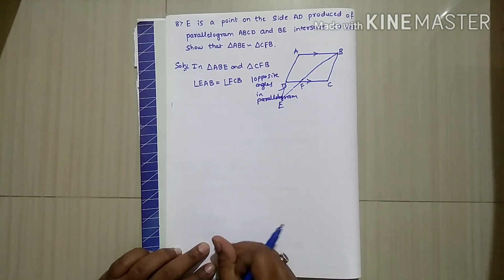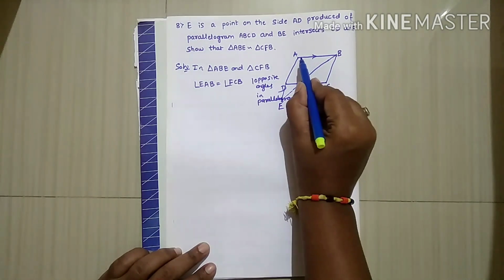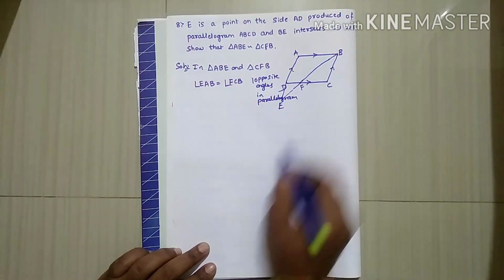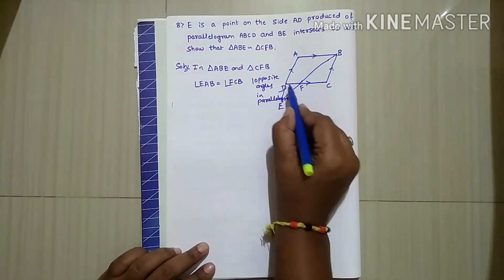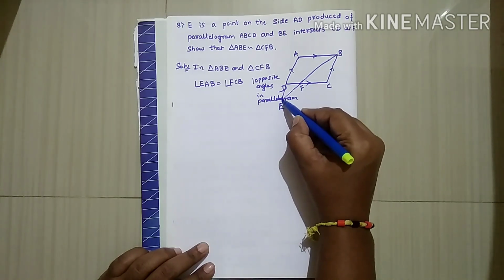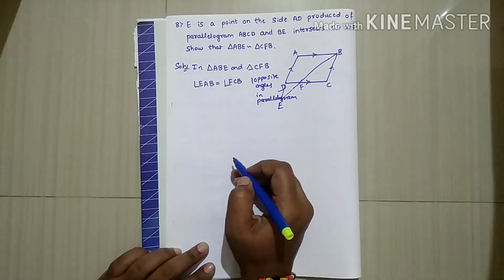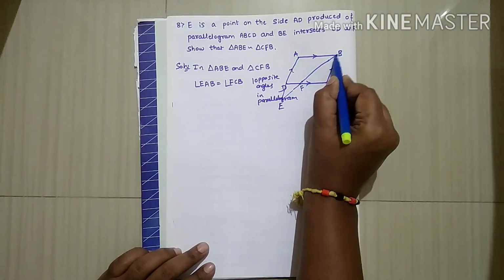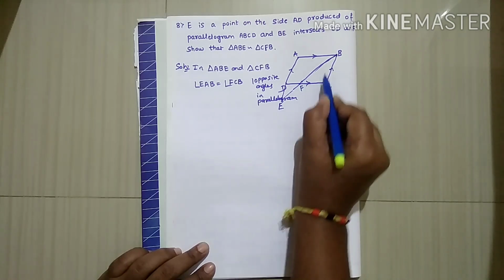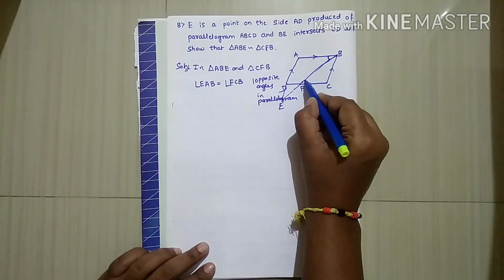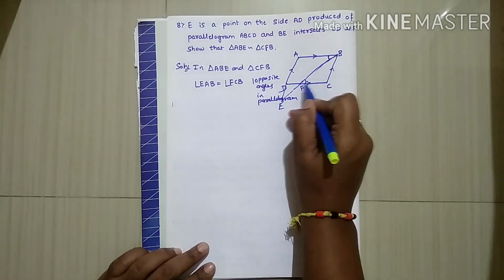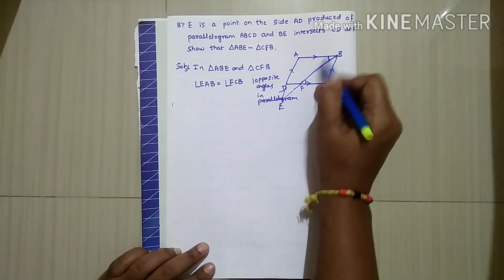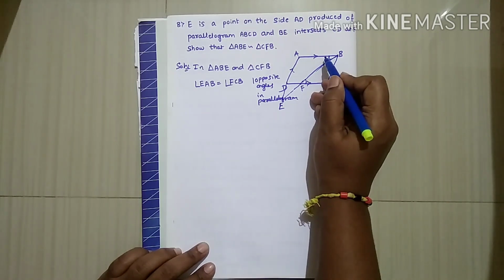One more: AB is parallel to CD, because we know that opposite sides are parallel in the parallelogram. If these two lines are parallel and EB is a transversal, just observe these two angles. Taking the Z shape, these are interior alternate angles, which are equal. Two lines are parallel and one transversal is there; these two angles are called interior alternate angles.